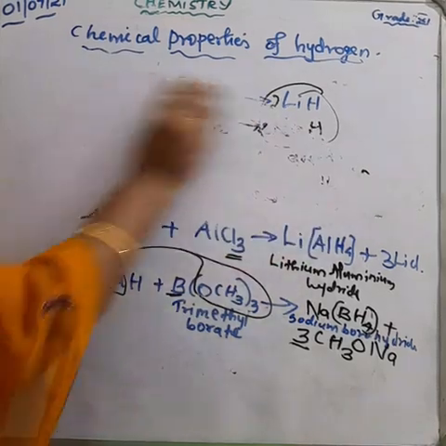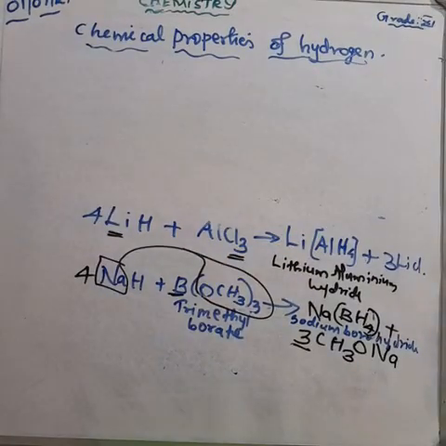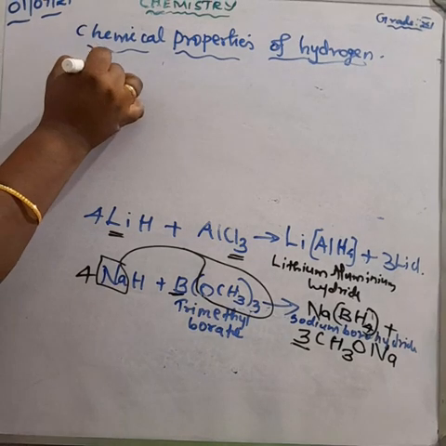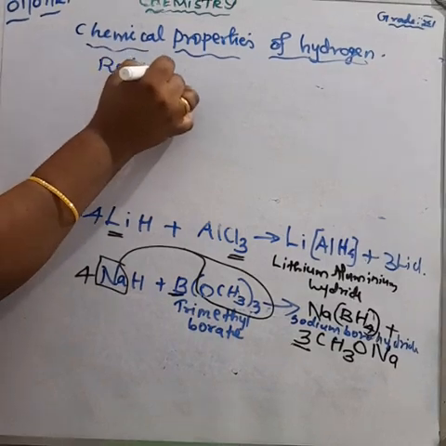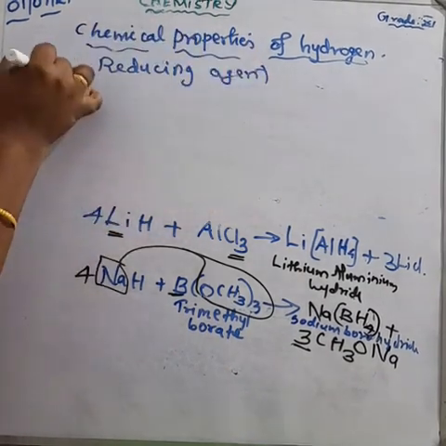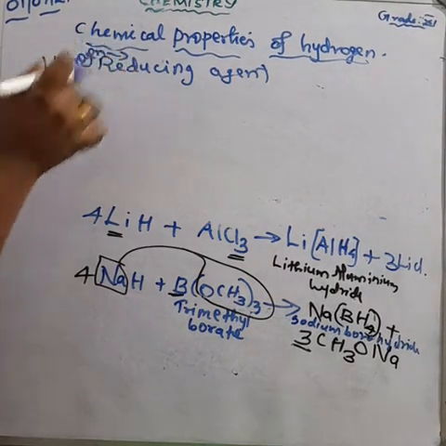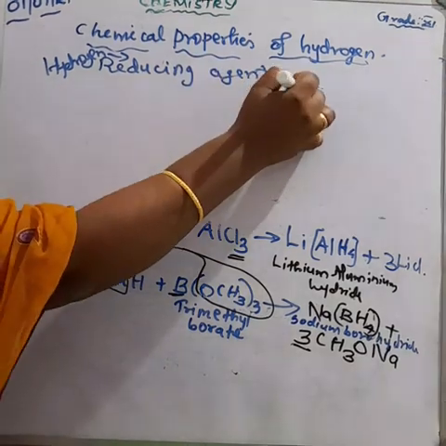And another reaction is also here. Hydrogen also acts as a reducing agent in the presence of finely divided nickel. It adds to the unsaturated organic compounds to form saturated compounds.